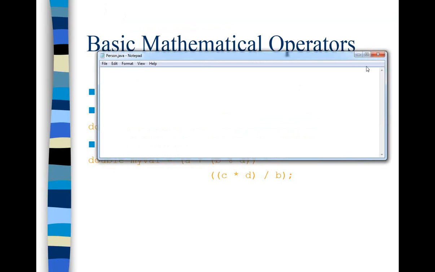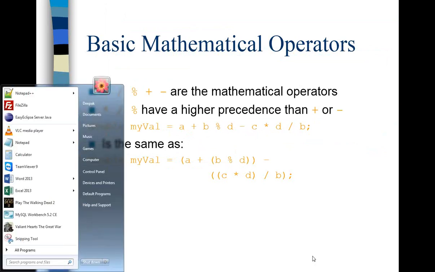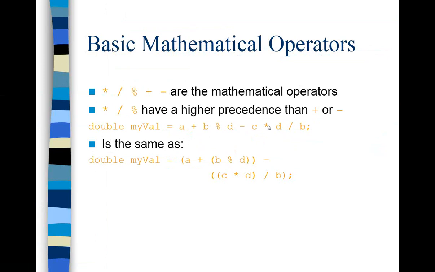So if you are writing a number of mathematical operators, then based on the BODMAS rule, they will be evaluated in that order, starting from brackets, division, then multiplication, then addition, then subtraction.